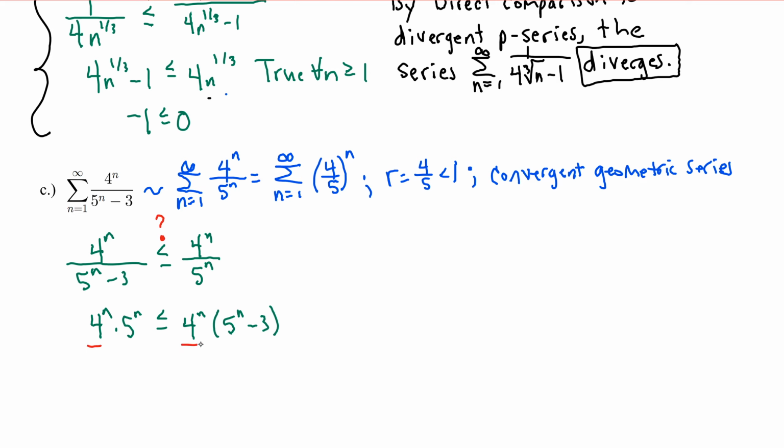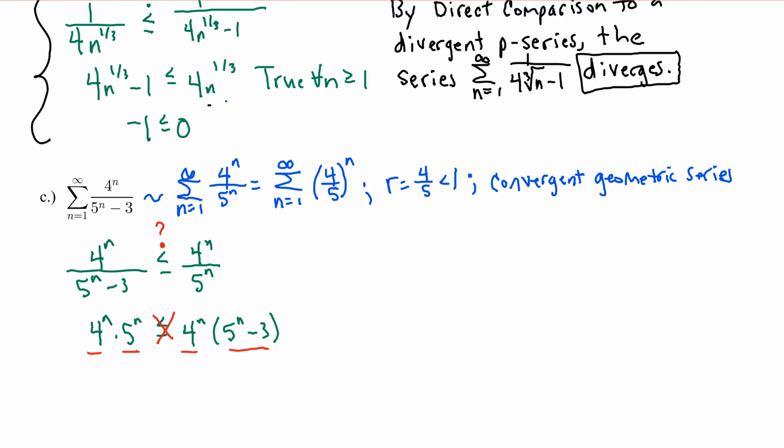So what we know here is that 4 to the nth is the same on either side, so that's not going to affect the inequality. We could certainly divide both sides by 4 to the nth and cancel it out. But if I compare these two terms, 5 to the nth is bigger than 5 to the nth minus 3, right? A number is bigger than a number minus 3. So this is not a true inequality. So the direct comparison test for this particular case is not helpful at all.